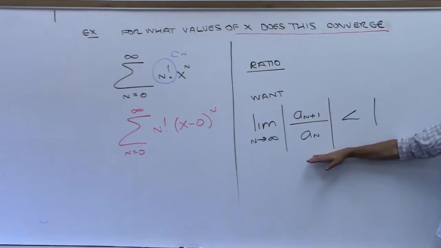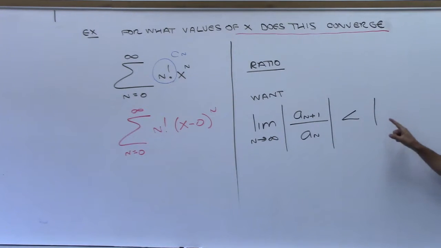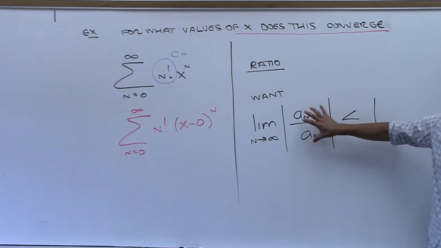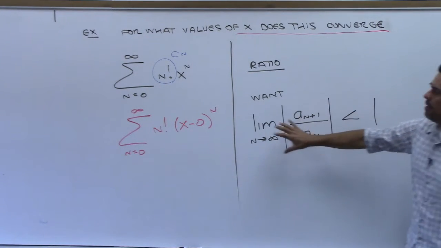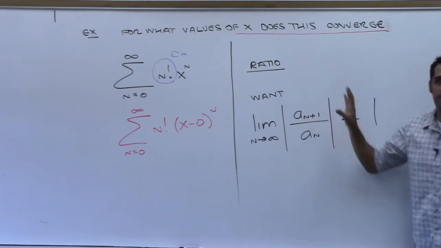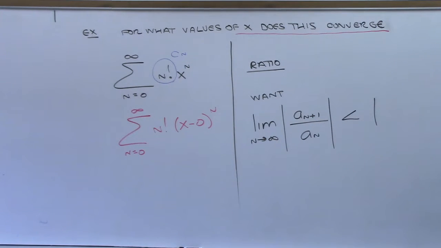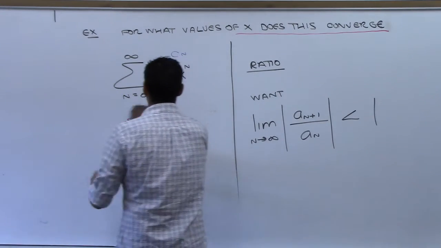If I can show you that this ratio test stays less than 1, then I can assure you that you're going to get convergence. So what is this for us now? Because now we have x's in here, right? But it's still this with n plus 1 plugged in over that with just n plugged in. It's still setting up the same sort of ratio. So let's put that in together.